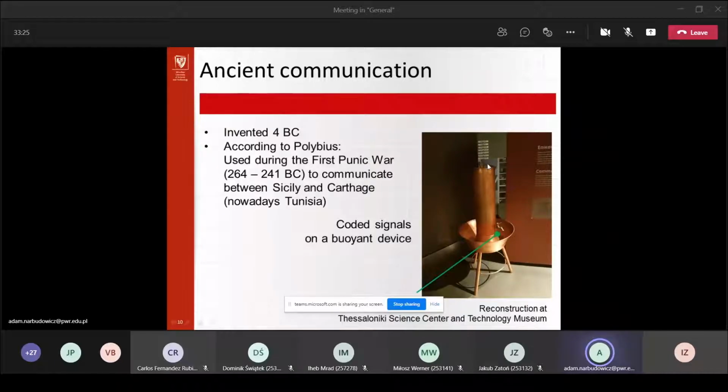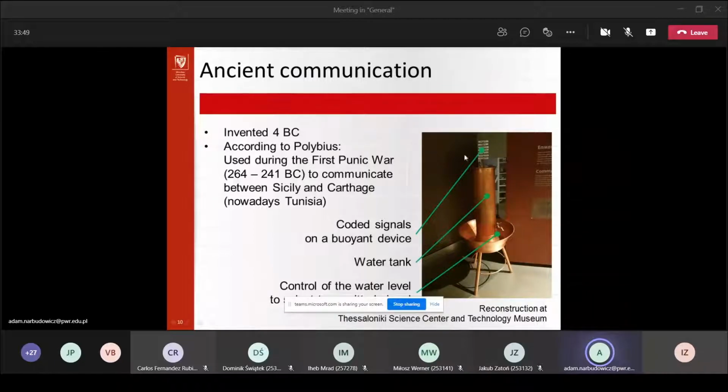Well, you can see here some coded signal or some messages, and here you have a buoyant device. It's basically a buoy, which if you add water, will push your message upwards. If you remove the water, it would lower it down.